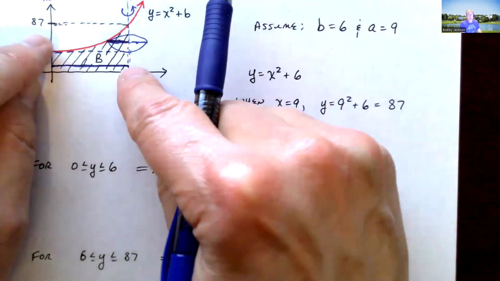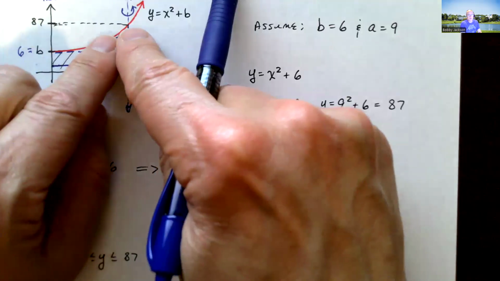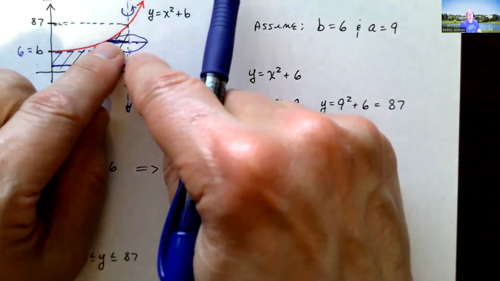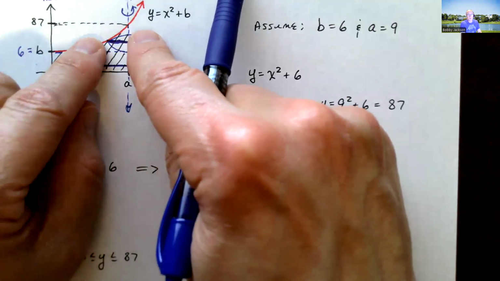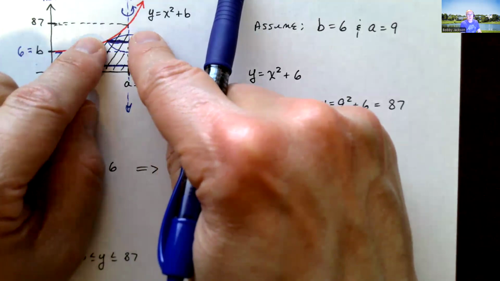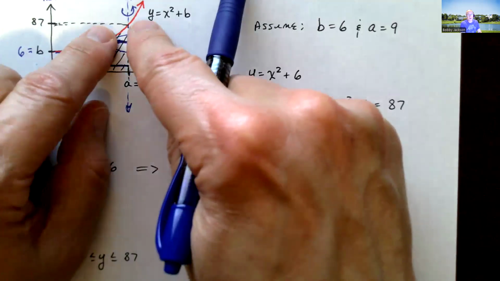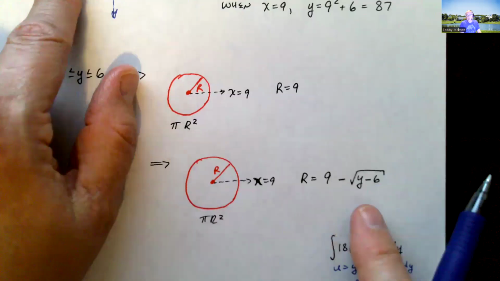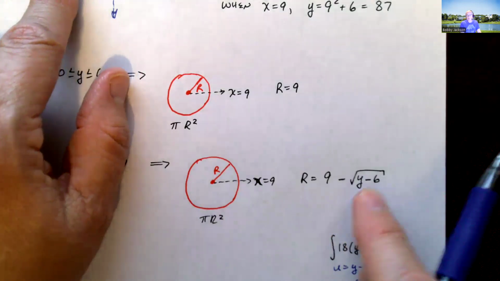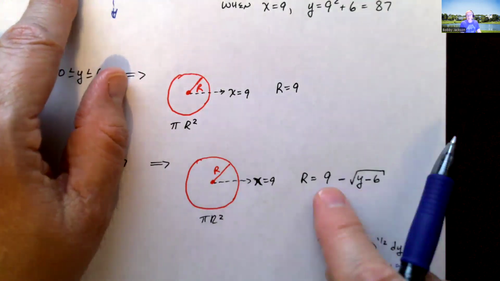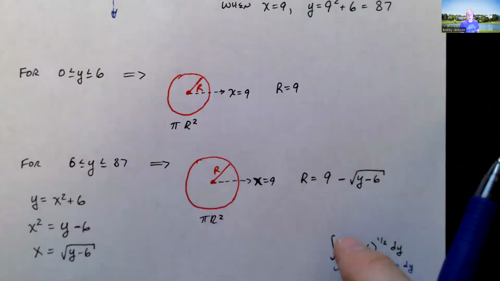In fact, by the time I get to y equals 87, I should have 0 for the radius r for my circular discs, right? So if I plug in 87, what do I get? 87 minus 6 is 81. What's the square root of 81? That's 9. 9 minus 9 is 0.